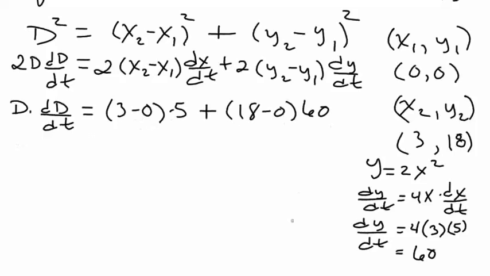Let's just do the calculations on that real quick. That's going to be 3 times 5 is 15, plus 18 times 60. Whoa, that's a big number. So that whole thing is 1095.